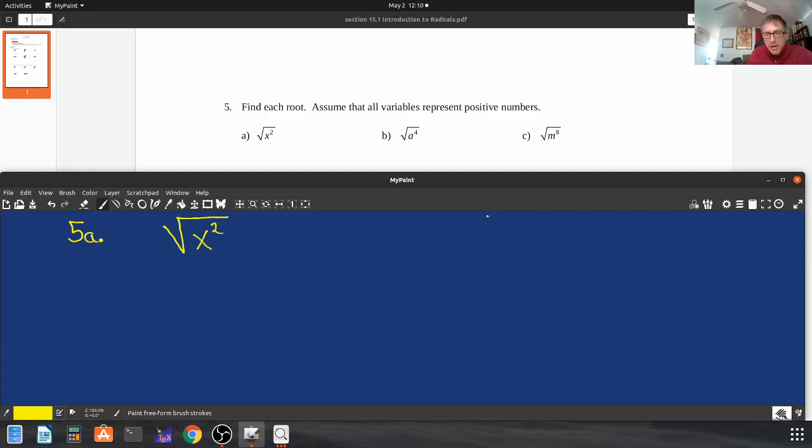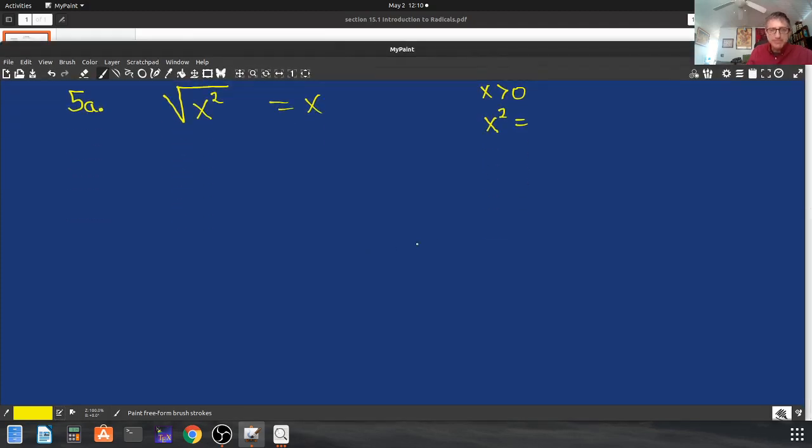And I already know that x is greater than 0. So I want to find some other number. X times x is x squared. That's literally the square root of x squared if x is greater than 0 is equal to x.